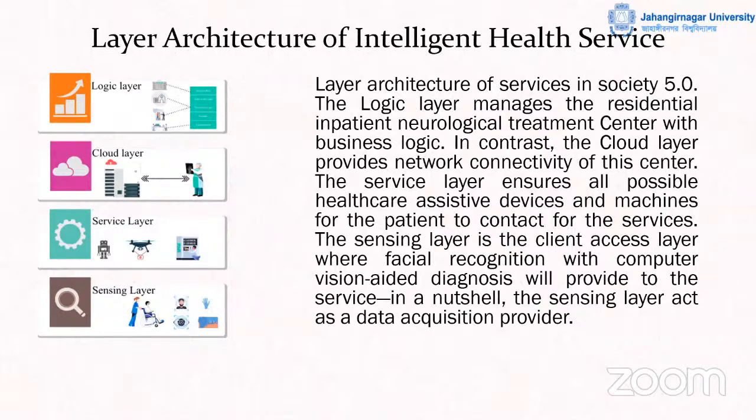But what about the next society? In the next society, medical services need to be extended. So how can the technology incorporate with that? And the main logic server and other technological framework can reside on the cloud layer and the logic layer also.